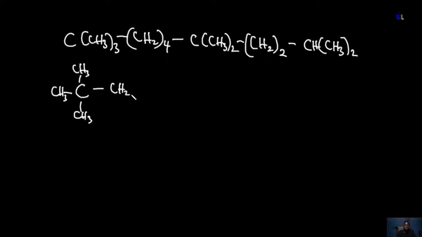So I have CH2, CH2, CH2, CH2. This is part of the chain. Why? Because it's CH2. Once it's CH2, just know that it's part of the chain. And there are 4 of them. Moving ahead, I now have this C. We are now here, so you put down the C. You notice that you have 2 methyl groups in front of these guys.